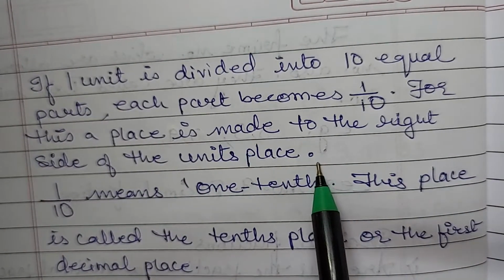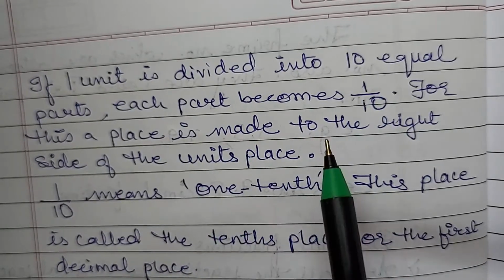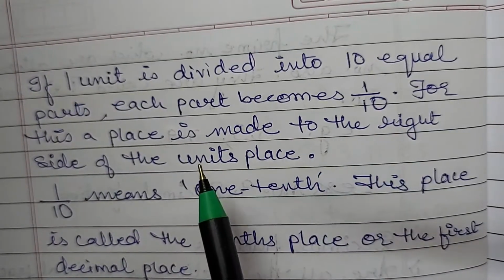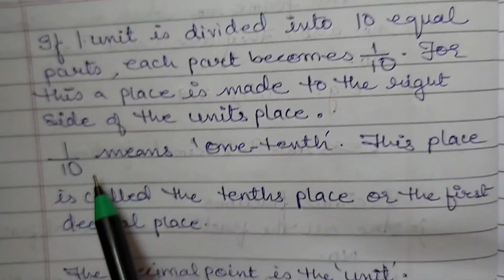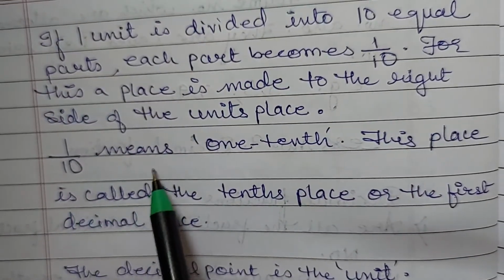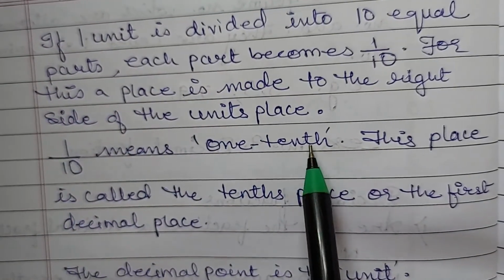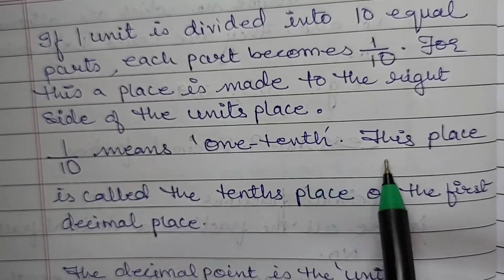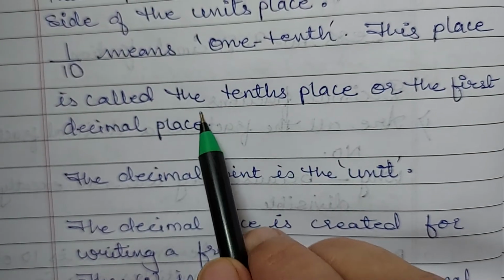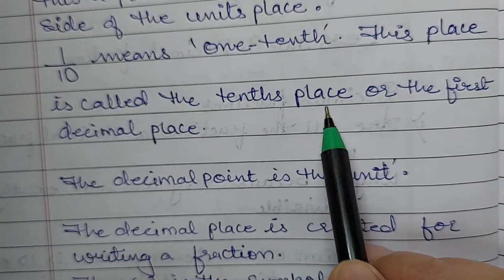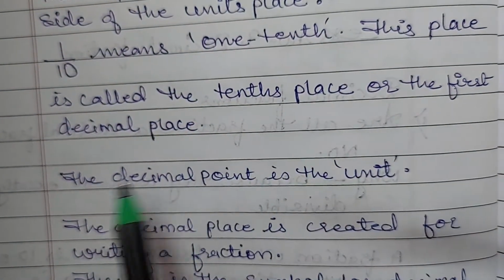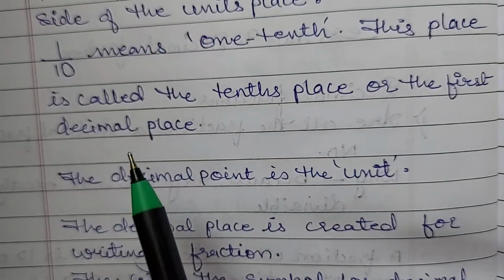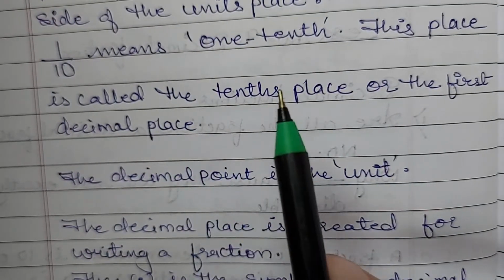This is what I explained just now. I mean 1 upon 10 means 1/10. Tenth, TH is added to it. This place is called the tenths place or the first decimal place.